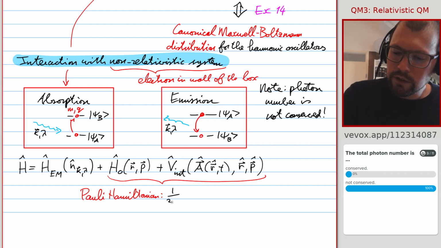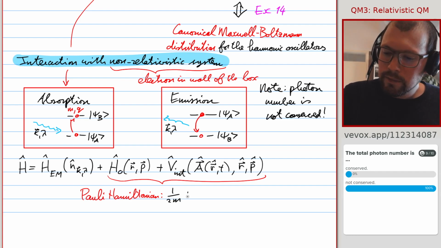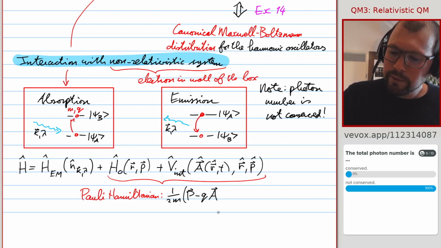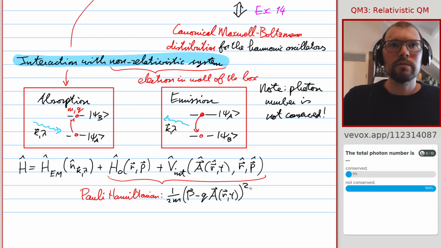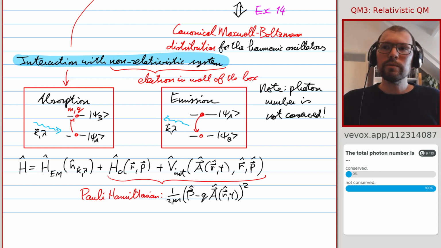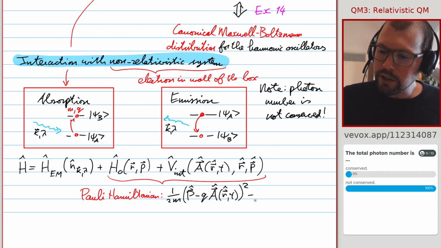So what does this look like? We have the standard kinetic term, but we performed a minimal substitution there using the vector potential to get the Hamiltonian of the particle in the electromagnetic field. And to get the full Hamiltonian, we simply have to promote these things to operators. And then we notice that there is also an interaction between the magnetic dipole of the particle and the magnetic field.